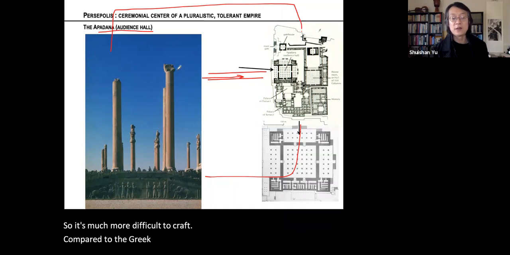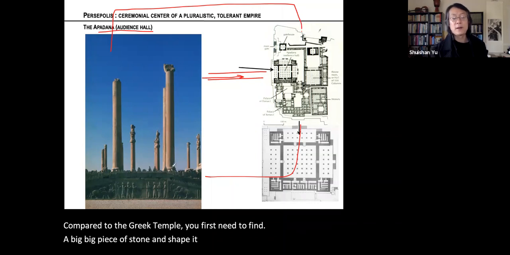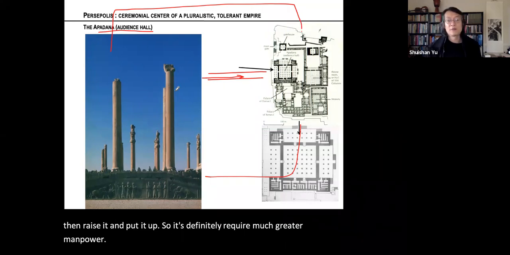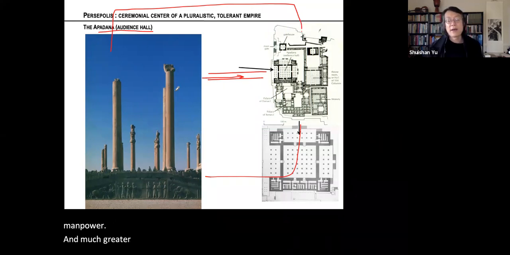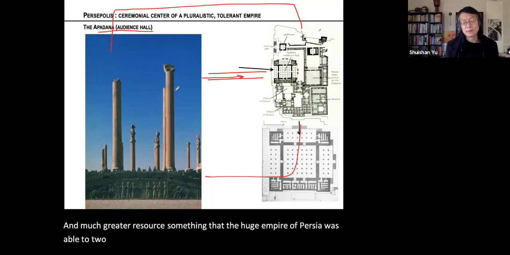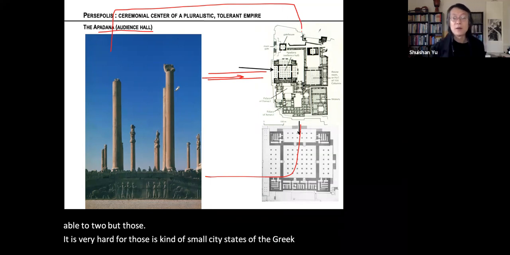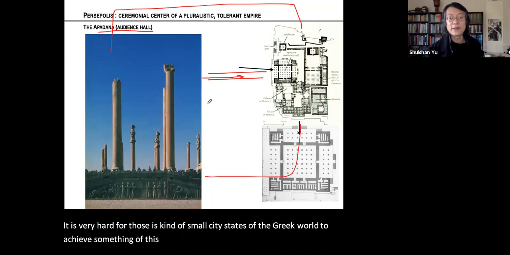You first need to find a big piece of stone and shape it into this tall cylindrical form, and then raise it and put it up. So it definitely requires much greater manpower and much greater resources, something that the huge empire of Persia was able to do, but it is very hard for the small city-states of the Greek world to achieve something of this magnitude.